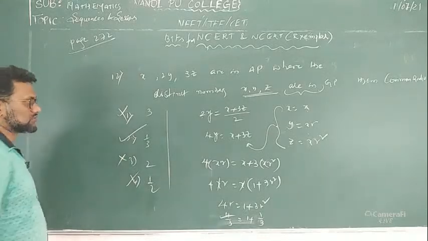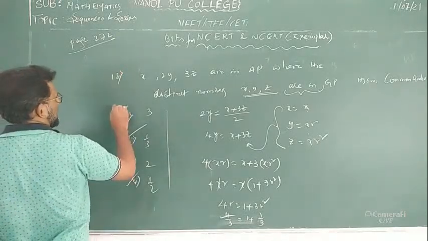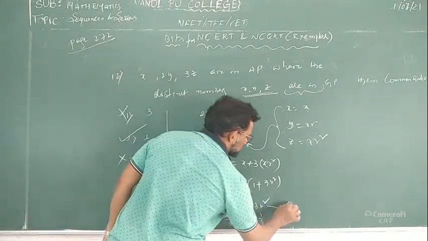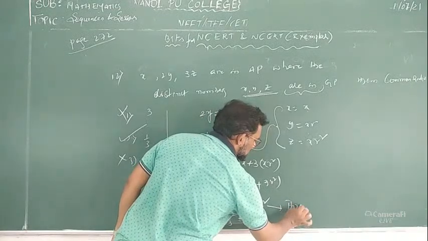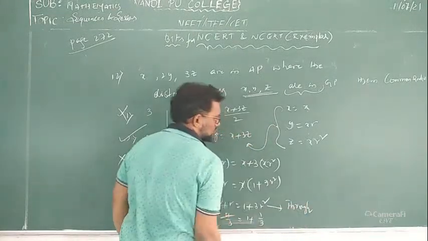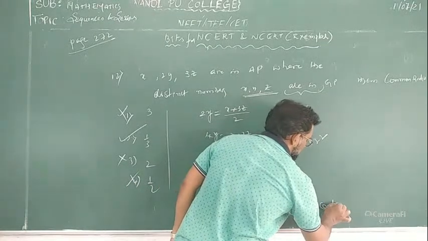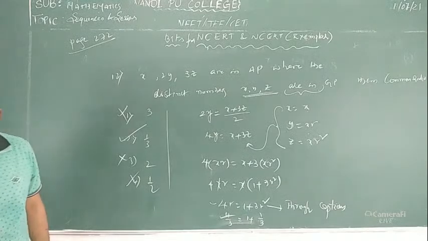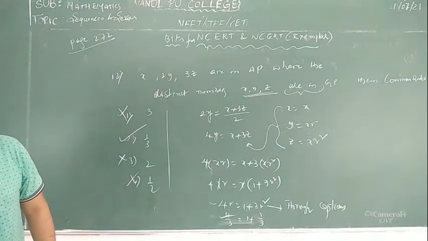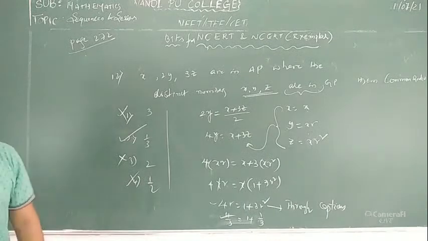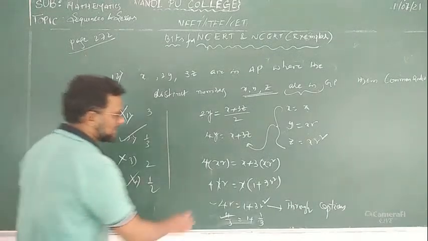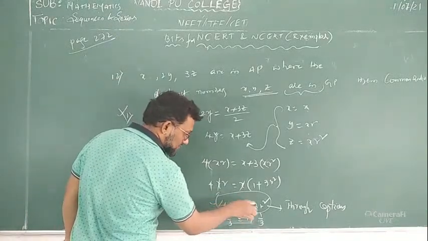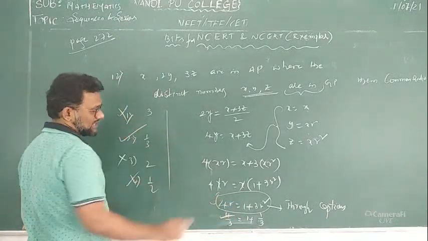Through options we went. I didn't factorize this; after this, by substituting method I went.